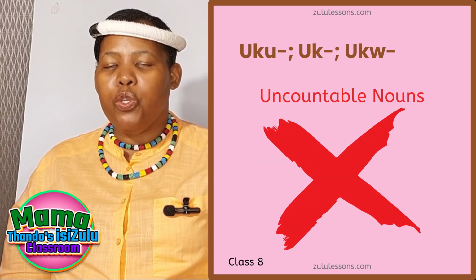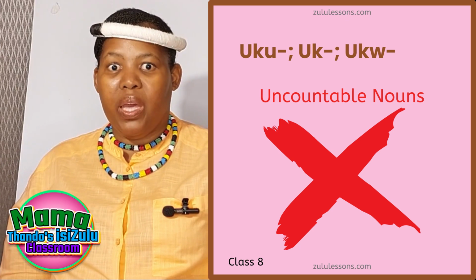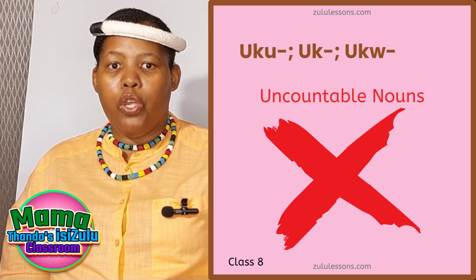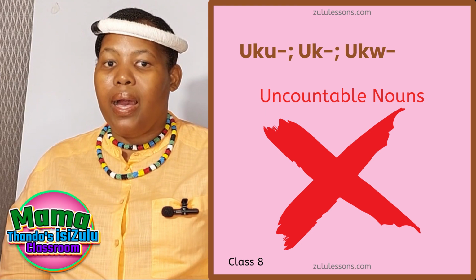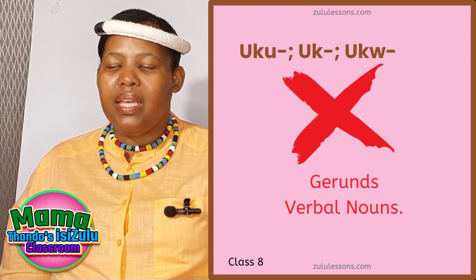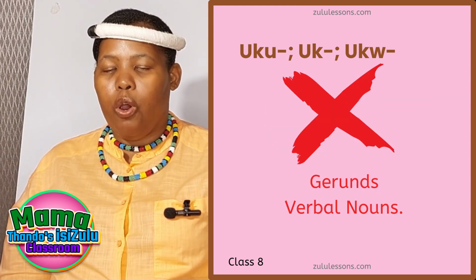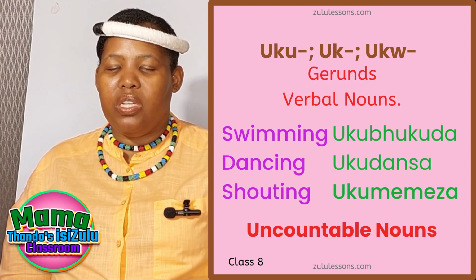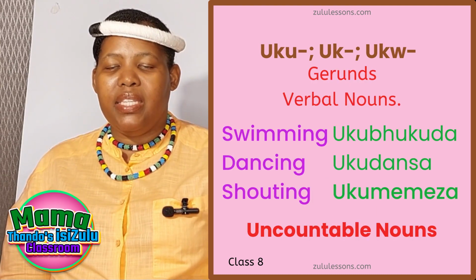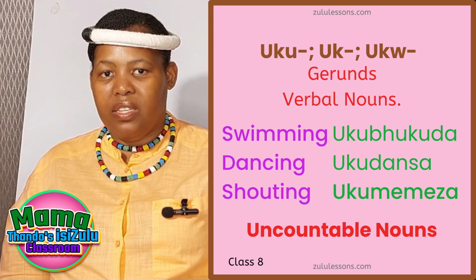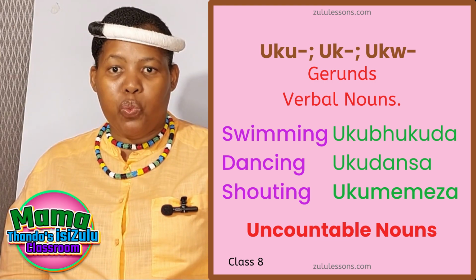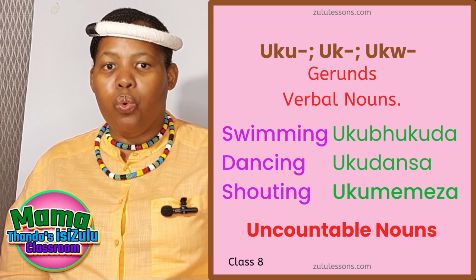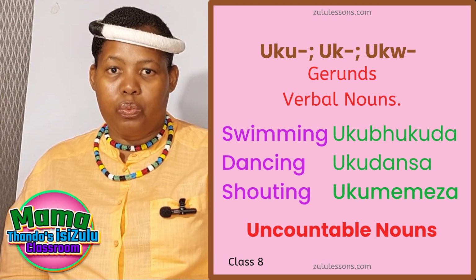Words starting with uk, whether it's uku, or ukw, are uncountable nouns. These are called gerunds or verbal nouns in English. These are the words that you see ending with ing in English, such as swimming, ukubhukuda in isiZulu.